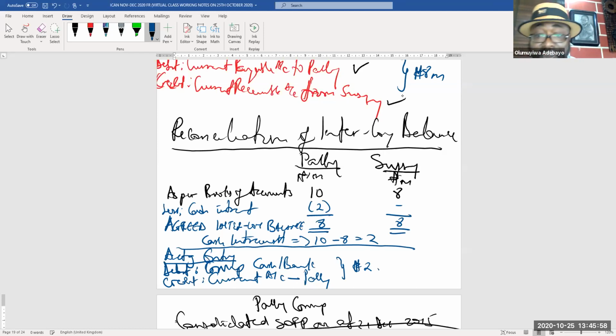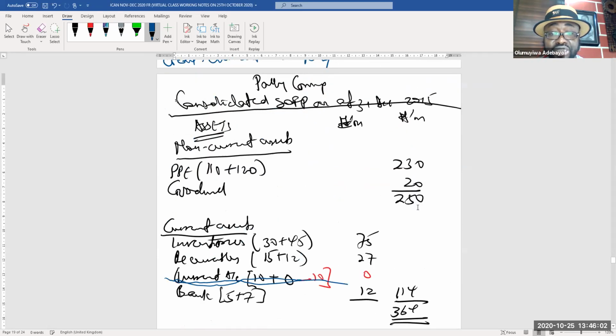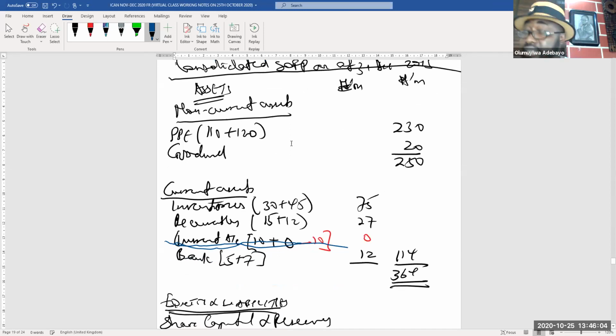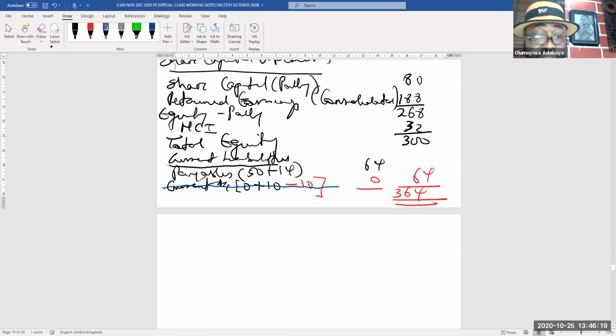Now, we can now come to the balance sheet. And when you come to the balance sheet, all other information remains the same except for this. Let me try and clean this and make it neat. All of this will be affected. Let me come here too and make it neat.